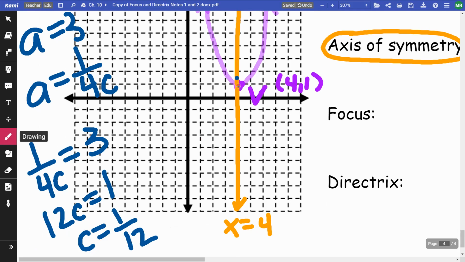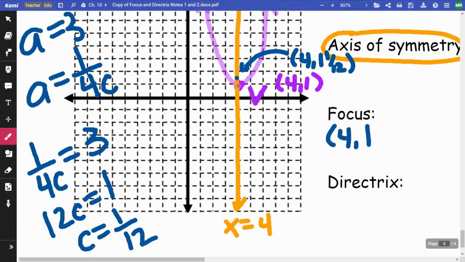That means that this point here is going to be (4, 1 and 1/12). So this is going to be (4, 1 and 1/12). That's my focus. It's 1/12 above my vertex.